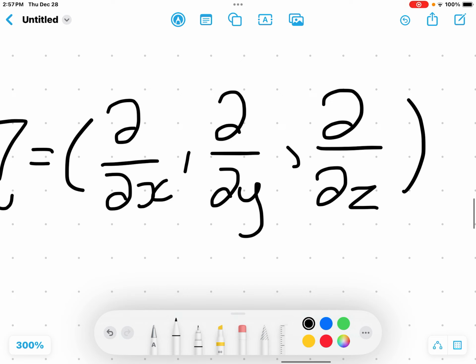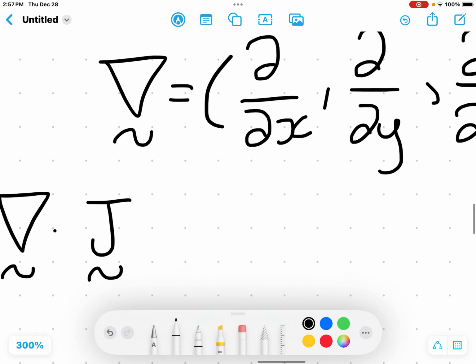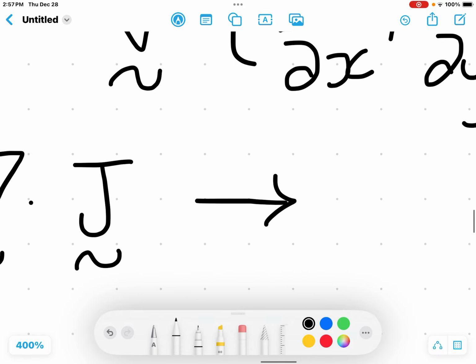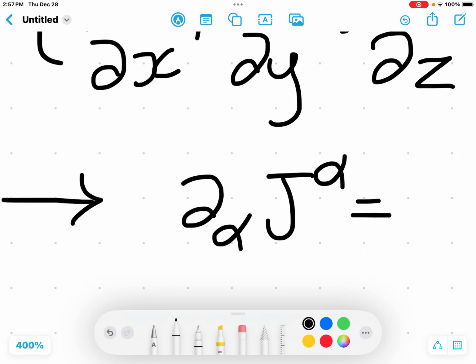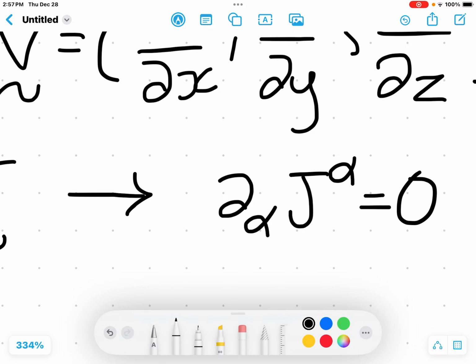But of course, at the end of the day, we're still also considering x, y, and z as functions of my proper time tau. So in the end, you're going to have to take care of a factor dx by d tau, dy by d tau, and dz by d tau, right? So yeah, I can shorten this notation into its components, which is del alpha j alpha, and that's equal to 0 because of course it's conserved.